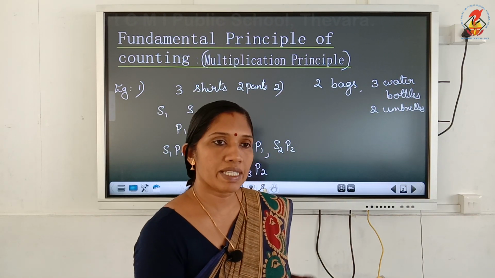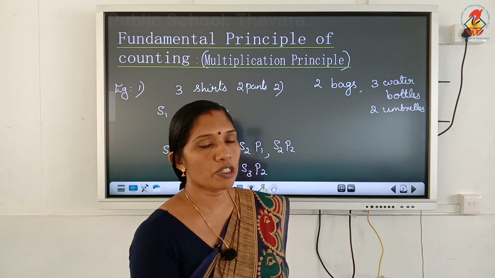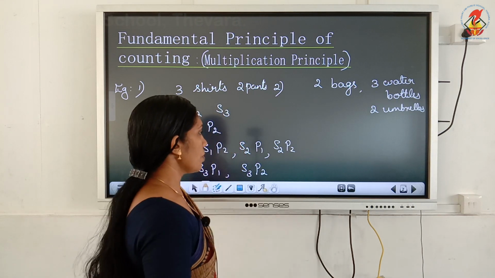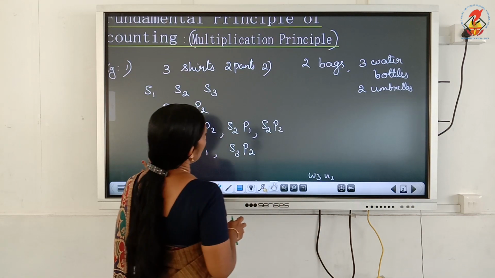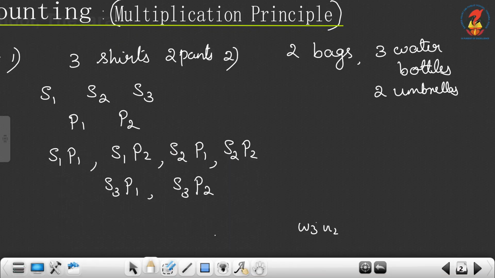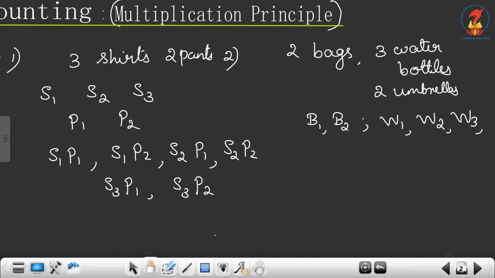In how many ways can she carry these items to school? So we can denote the 2 bags as B1 and B2, the water bottles W1, W2, W3, and the umbrellas U1 and U2.